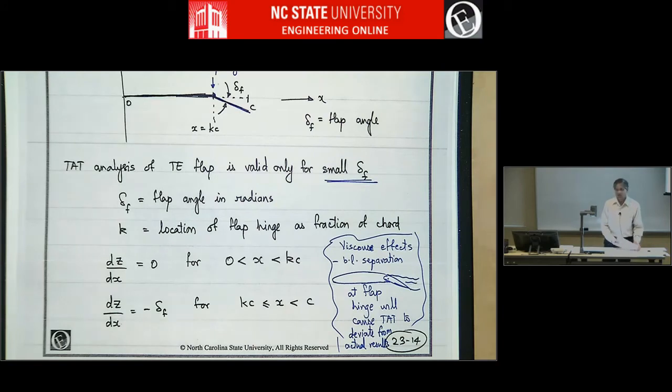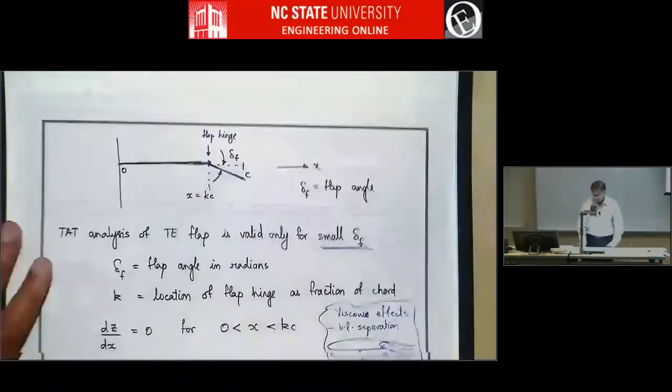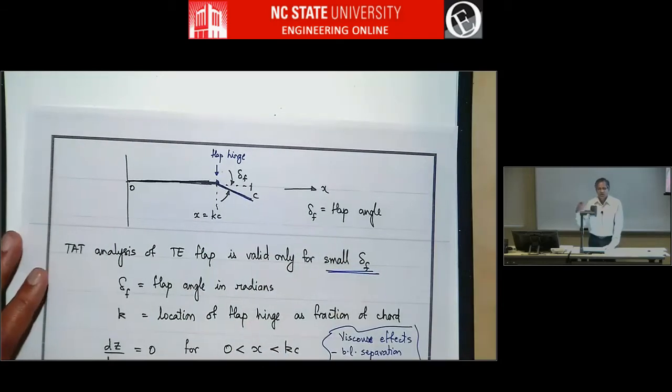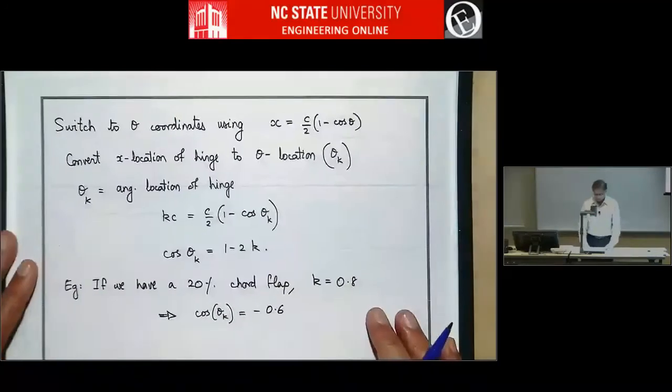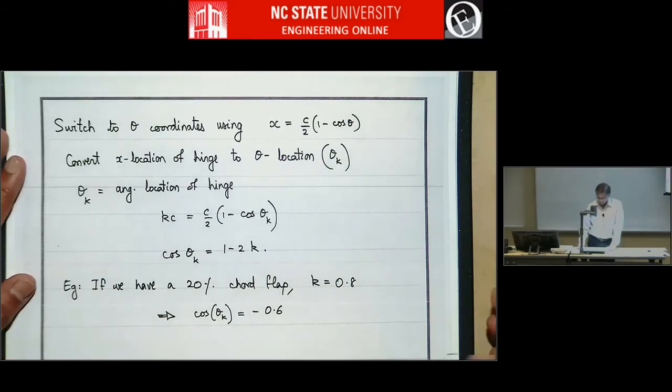So we'll put this into all those equations we derived for a cambered airfoil, because this is like a camber, right? Even though it's a symmetric airfoil, this part is essentially like a camber. So we can use all that stuff we did before. As usual, we'll switch to theta coordinates, because then we can do the integration easily.